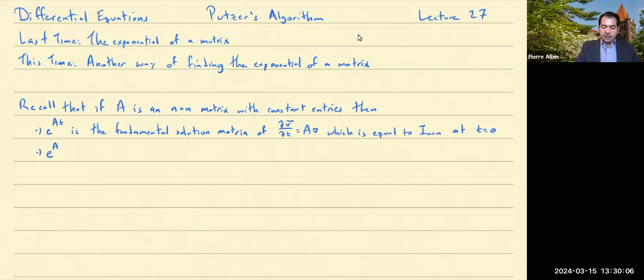Also, e to the A t is equal to identity plus A t plus A squared t squared over 2 factorial, and so on, right? In sigma notation, this is the sum k goes from 0 to infinity of A to the k, t to the k over k factorial.